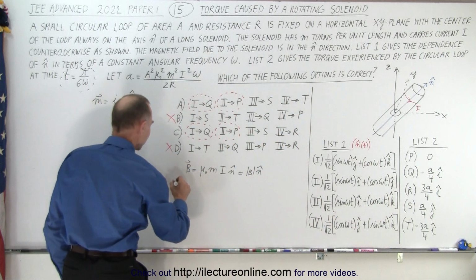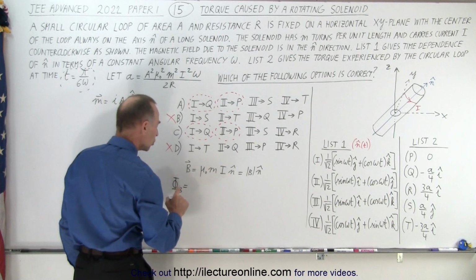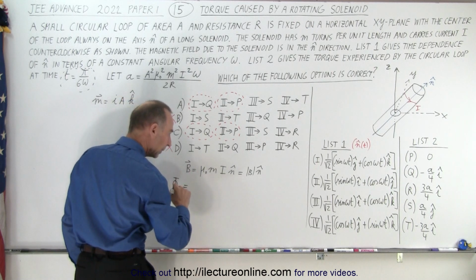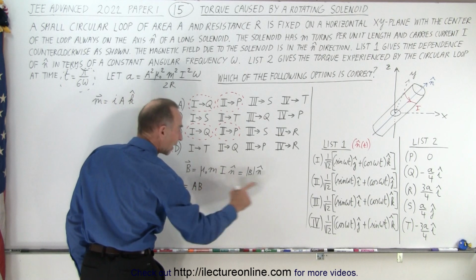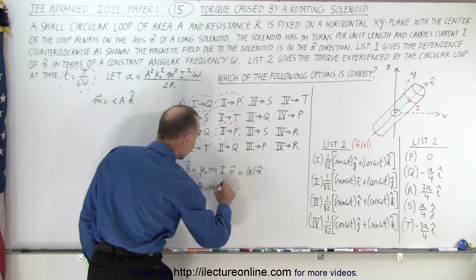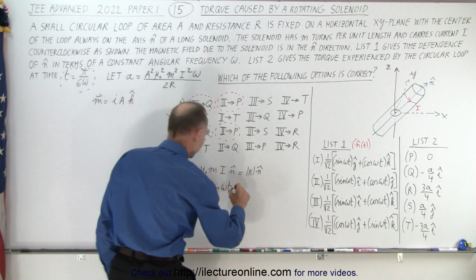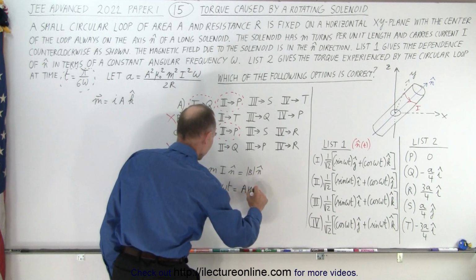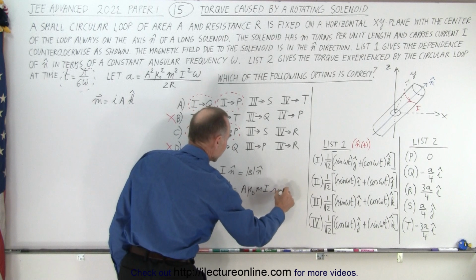So therefore, we can say that the magnetic flux through the loop is equal to A times B times the sine of omega t. And of course, B is going to be equal to that, so we could write it as A times mu sub naught n I times the sine of omega t.